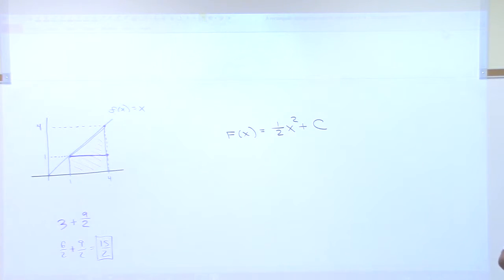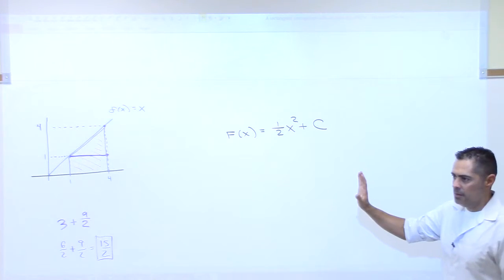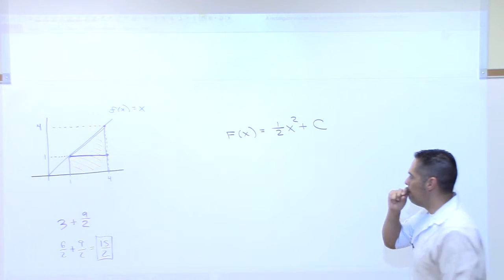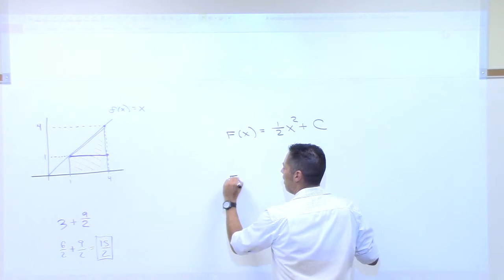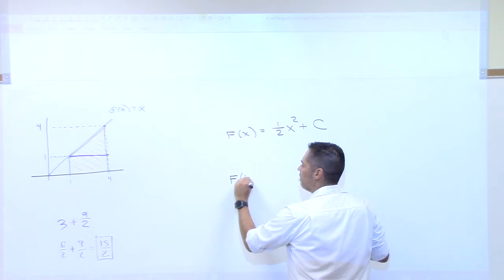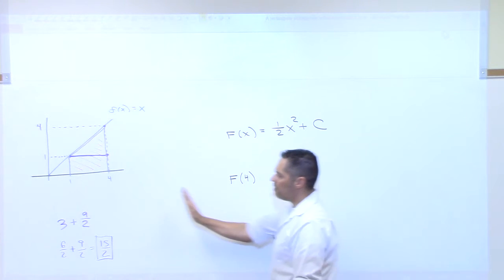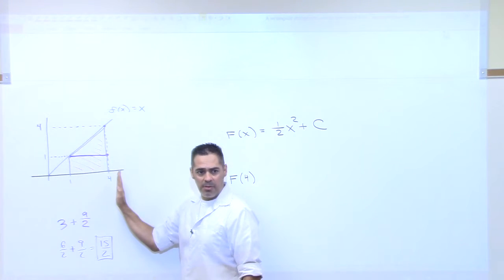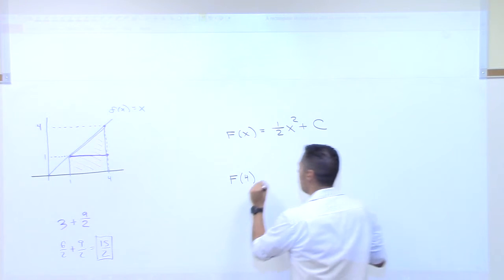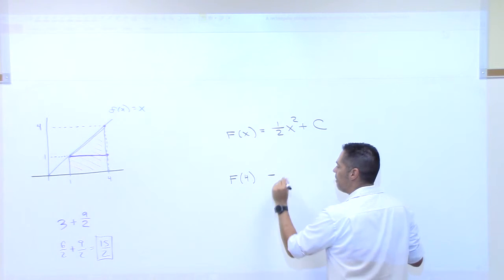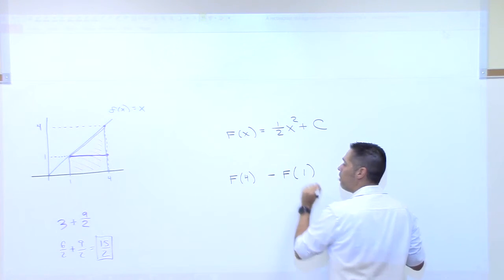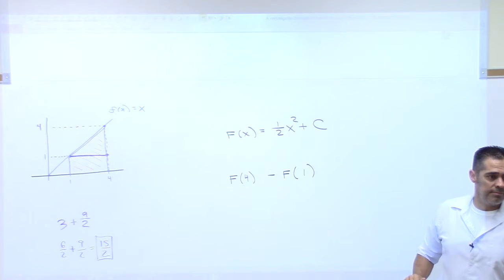You with me? Got it? I'd like you to take capital F and plug in 4. Now 4 is the right endpoint where we stopped, right? And then when you're done with that, I'd like for you to subtract from that what you get when you plug 1 into the antiderivative.